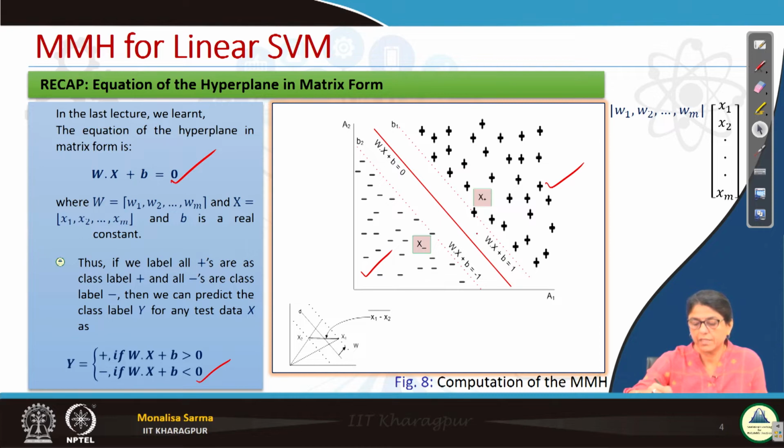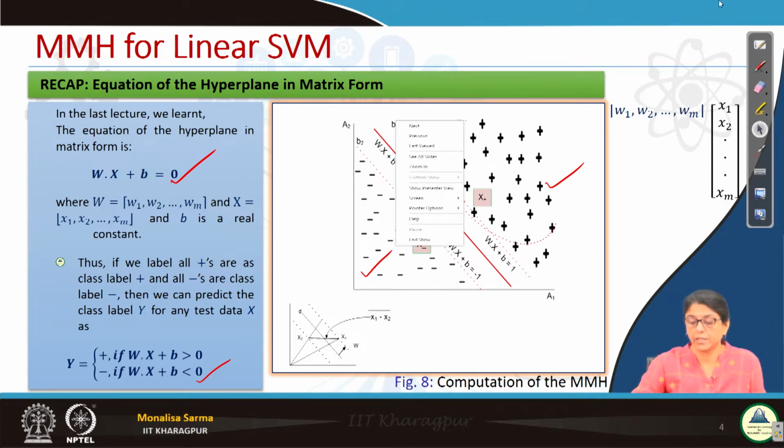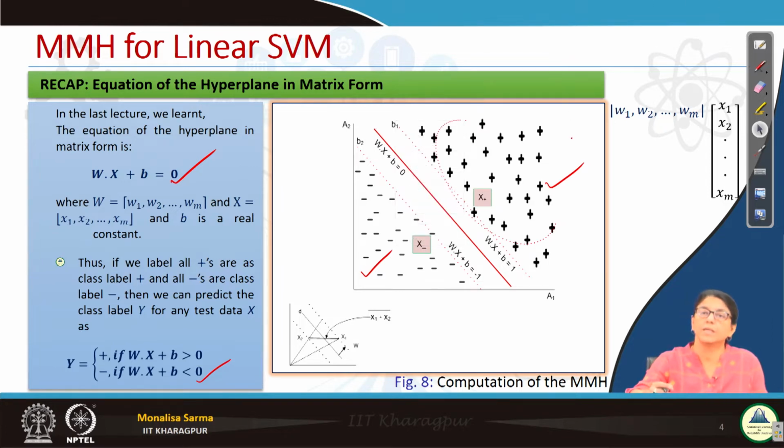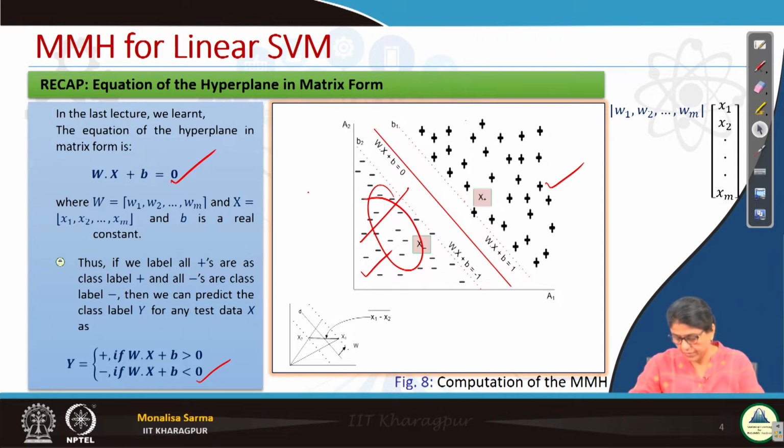If this is the hyperplane, anything which falls above the hyperplane will have Wx plus b greater than 0, and below the hyperplane Wx plus b is less than 0. So we get the plus class if Wx plus b is greater than 0, and we get the minus class if Wx plus b is less than 0. This we have already seen.